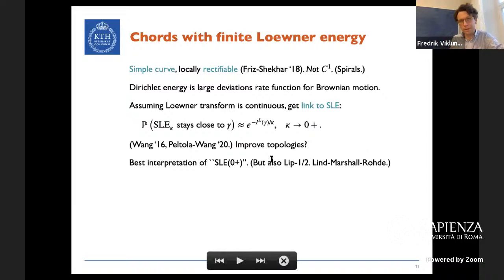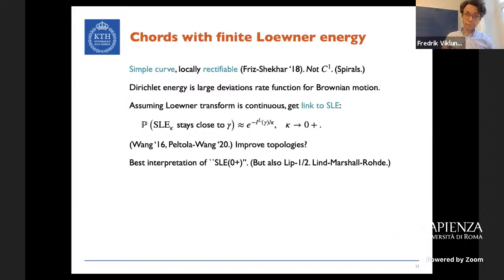Here, I just want to mention, because this is interesting, and I'm not sure how well known this is in the probability community, that there is also another very interesting class of deterministic driving functions, where you have the condition that the driving function is Hölder 1/2 with a small seminorm. So in the modulus of continuity, you have a constant in front of the square root. And if this constant is strictly smaller than 4, it turns out you always get a curve.